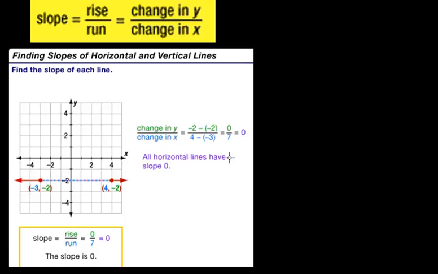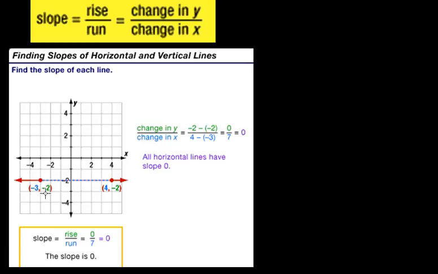Now you could do this a different way. You could actually calculate it out. If you think of the change in y and the change in x, change really just means the difference. Let's take the difference of the y's and divide it by the differences of the x's. So starting here, the difference in the y's is -2 minus -2.